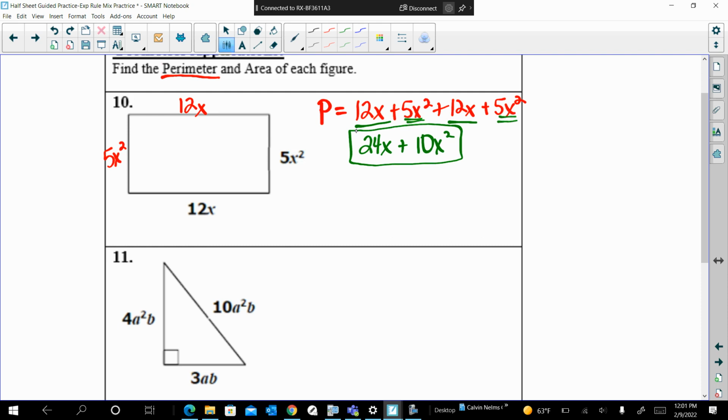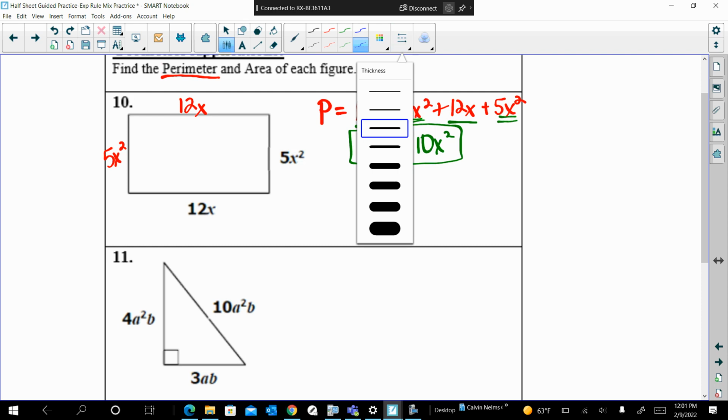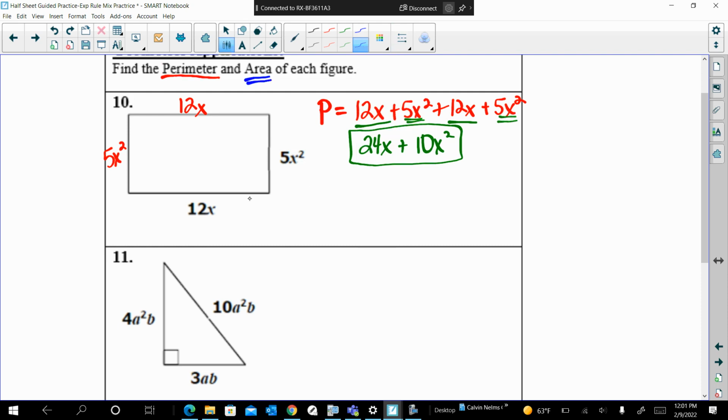Now, for area, you have to remember how to do the area of a rectangle. That's just length times width. So what could we say is the length of this rectangle? I'm just going to put in parentheses 12x for my L, and I'm going to multiply that by the width, which is 5x squared.